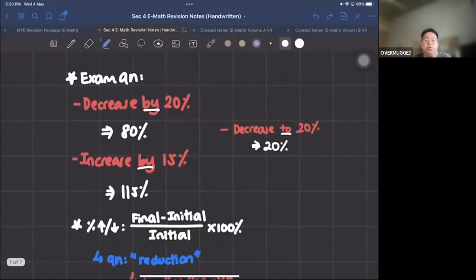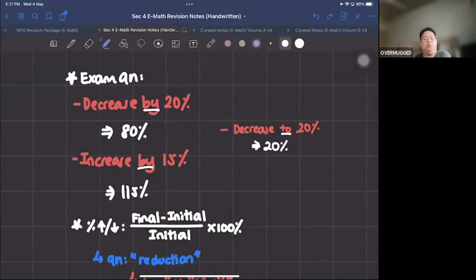Now for exam questions, there are two types, and I'm going to use a bit of English here. I'm not an English tutor, but what do you call these kind of words? Conjunctions, yeah, they are important: the word by and the word to. When you're decreasing by something, it means they are taking 100 minus 20. And when you're decreasing to 20%, then it's 20%.